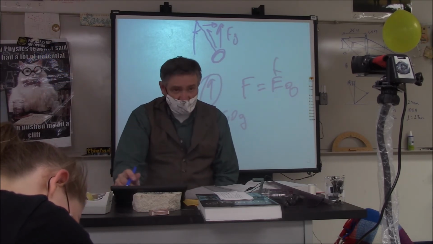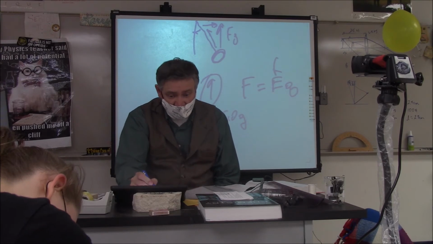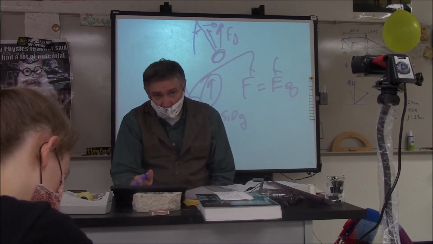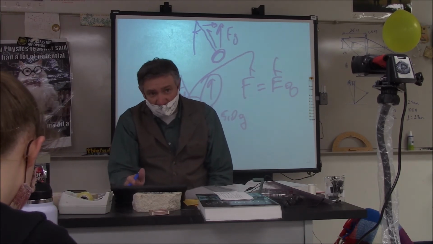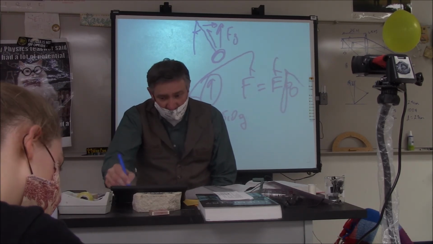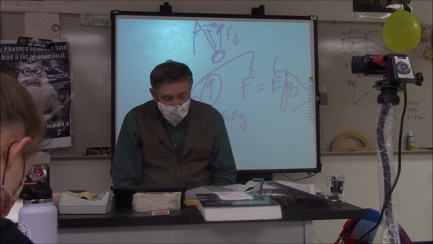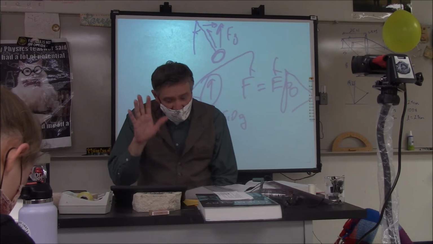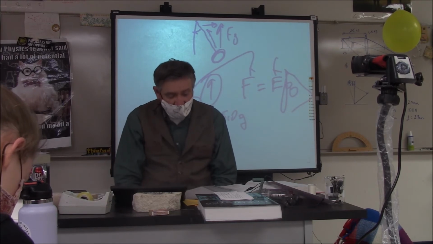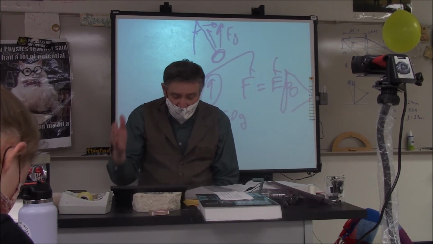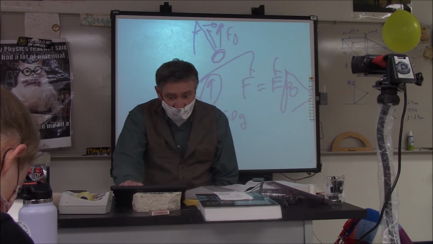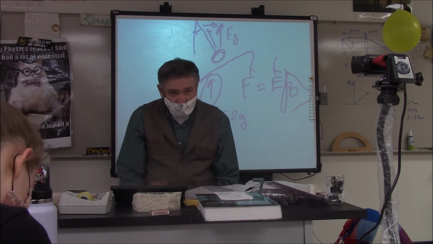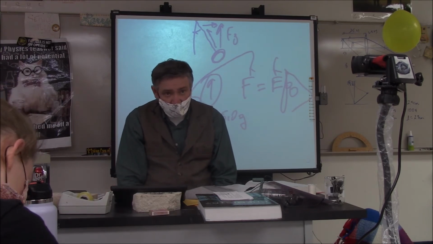They gave you the electric field strength. So if you can find this side of the triangle, that's the force side, and you've got your electric field strength, then it's just a matter of solving for Q. You just have to do a little bit of trig, maybe a little bit of tangent action, to figure out the force. Then over your electric field strength, you're going to know your force, then you know your E, then you can solve for Q. Okay?